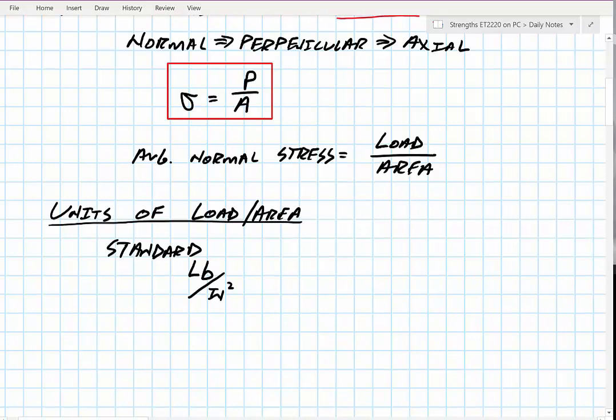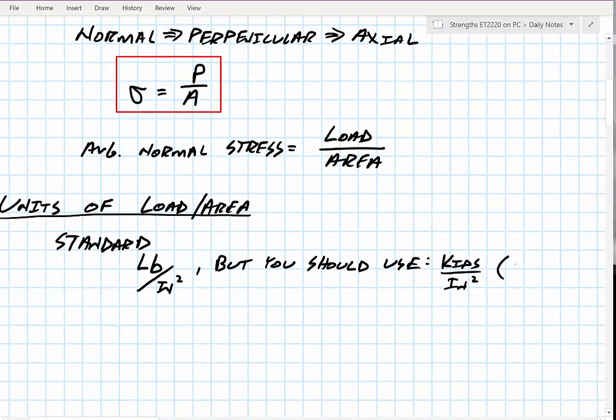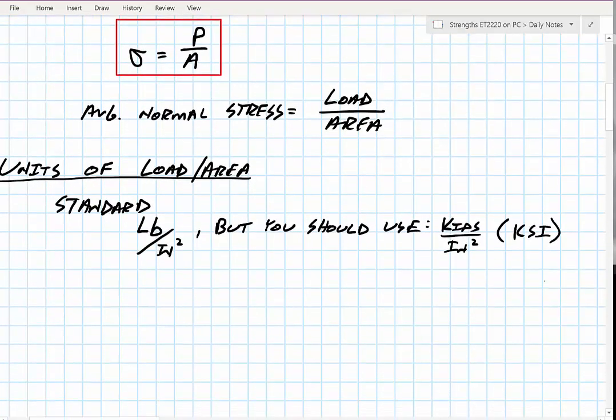However, we aren't actually going to use that very often, if ever, unless it's a very small load, because most loads get very large. Instead, I'm just going to say you should use kips. And a kip, as a reminder, is just 1,000 pounds over inches squared, and we're going to designate this as KSI, kips per square inch.